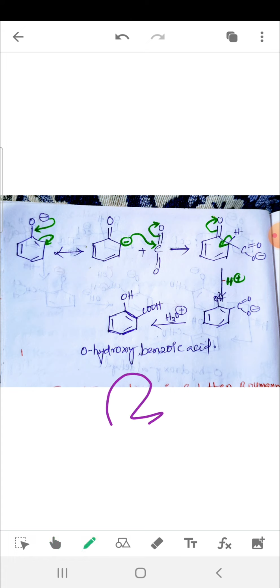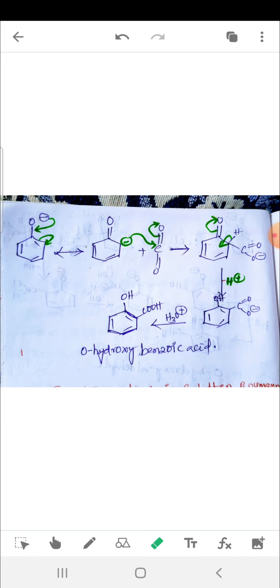Here what is happening? You have to practice the mechanisms two to three times. The most important questions are the Reimer-Tiemann and Kolbe reactions. What are the major compounds? What mechanisms are involved? You have to practice the mechanism almost 5 to 10 times.